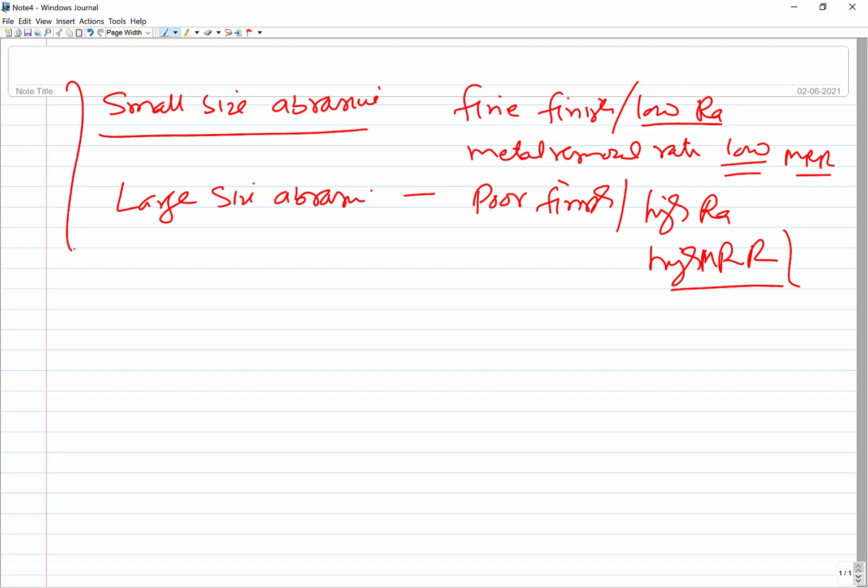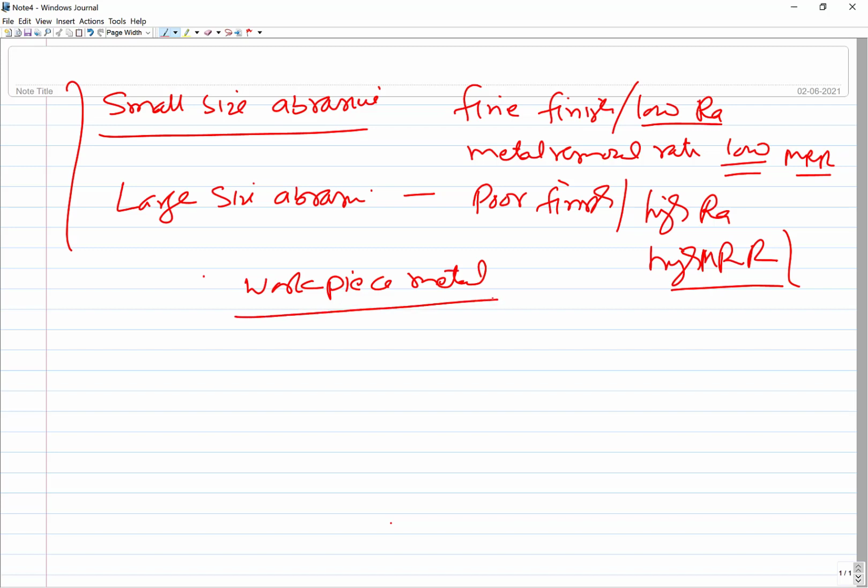Apart from this, the abrasive size also is used in a particular situation, in a particular way. Not just the MRR and the roughness are seen when we are selecting an abrasive of particular size, but we also try to see the workpiece material, what the workpiece metal is made of.